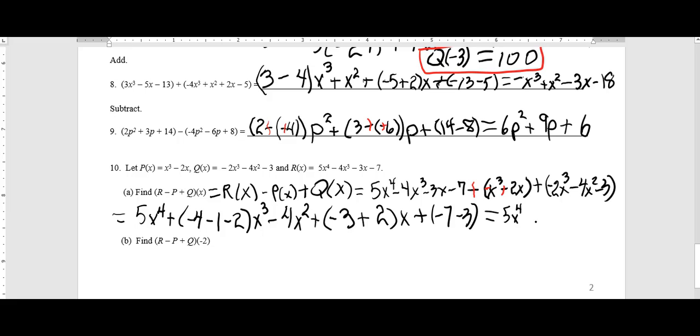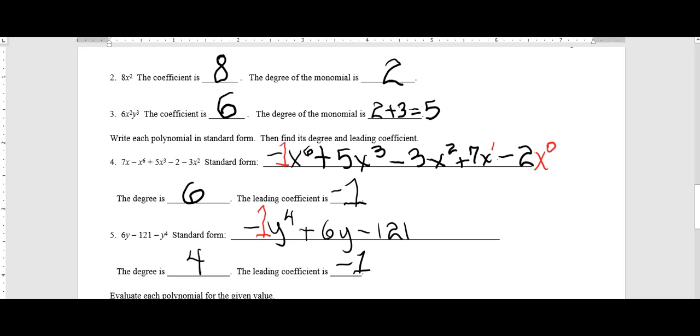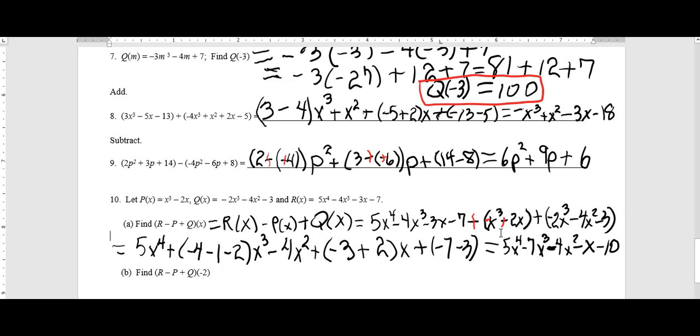So this winds up being 5x to the fourth minus 7x cubed minus 4x squared minus x minus 10. So that's my function r minus p plus q of x.